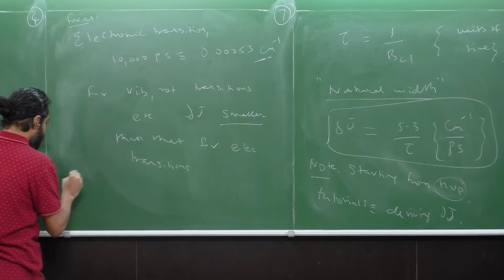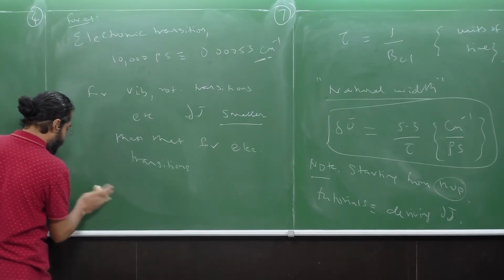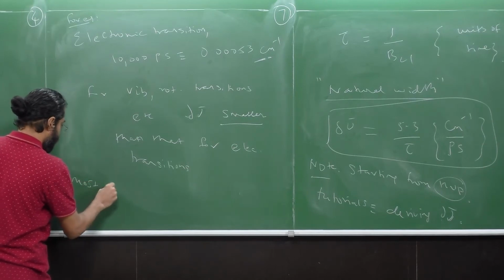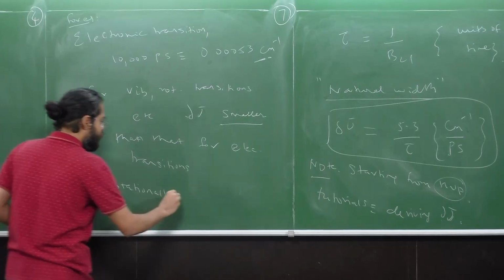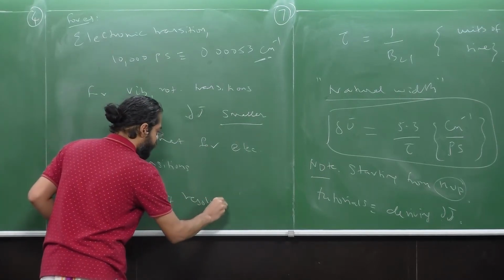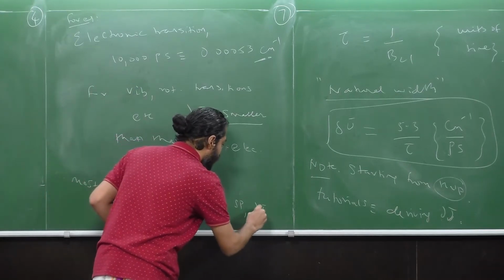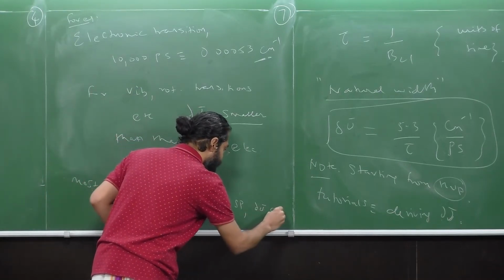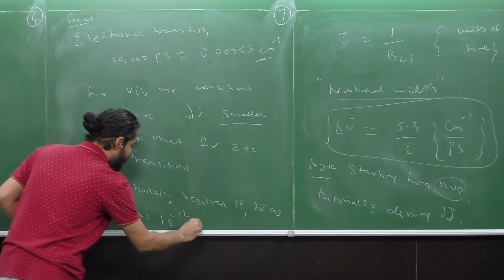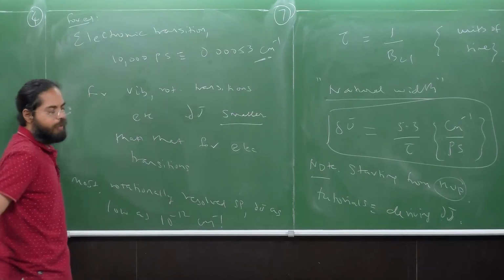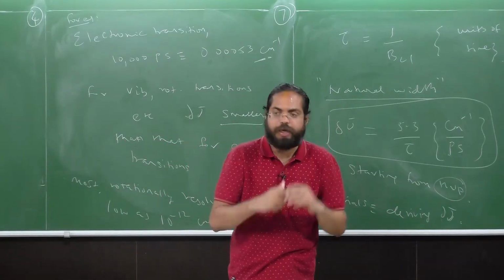For example, the most rotationally resolved spectrum can contain a delta nu as low as 10 to the power minus 12 centimeter inverse. So that is how accurate you can measure your data.